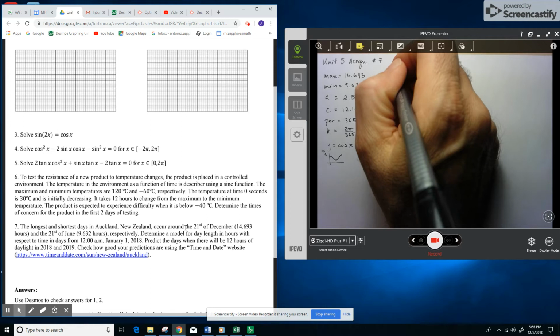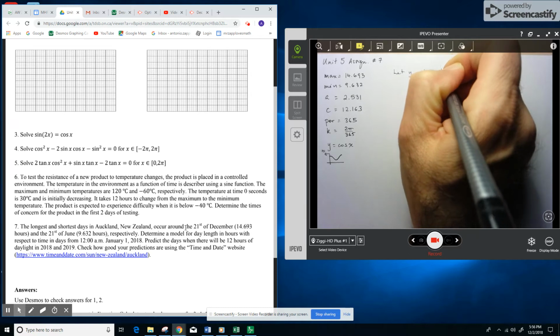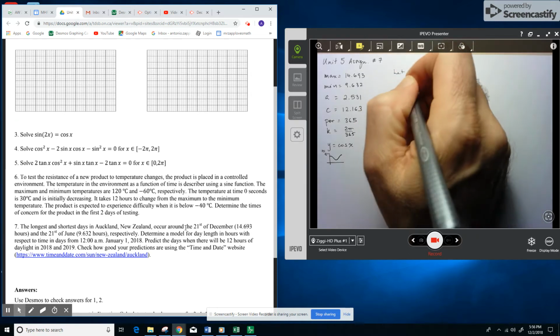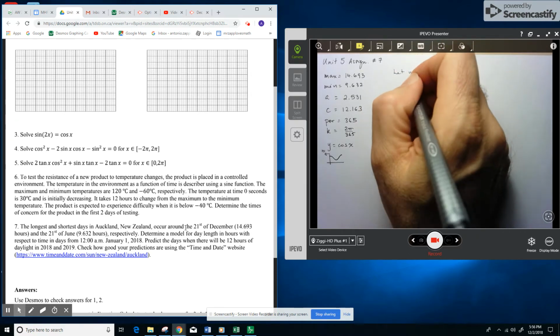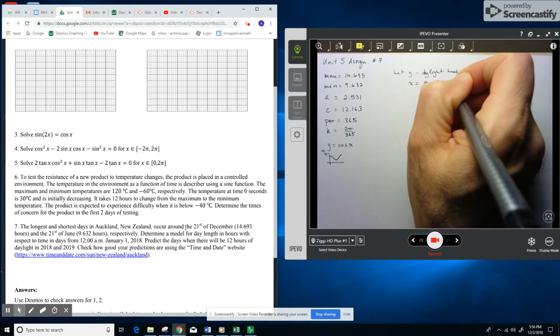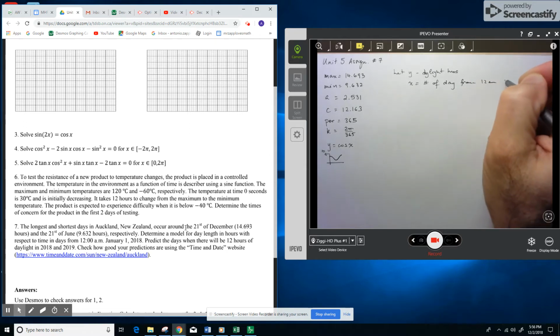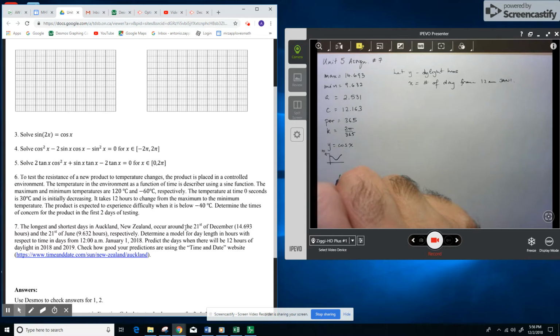Let y be daylight hours and let x be number of days from 12 a.m. January 1st. Now we can set up our model.